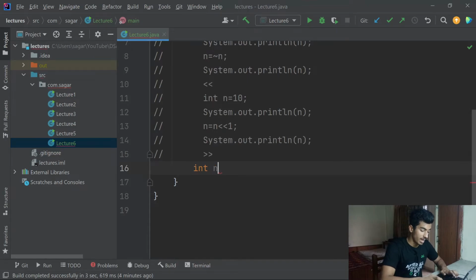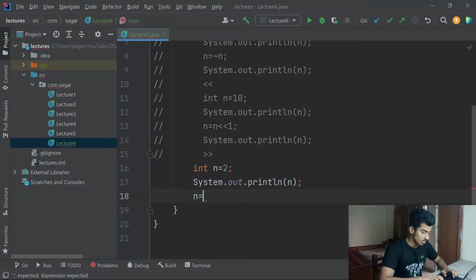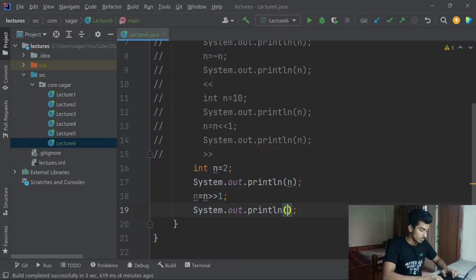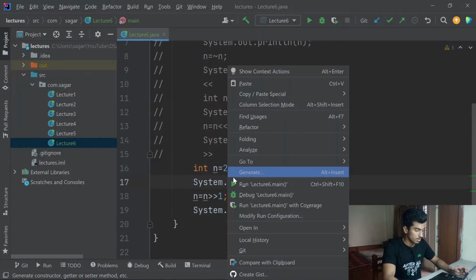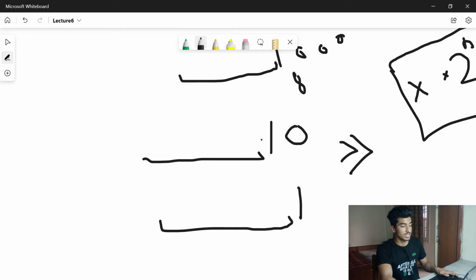If I have a number n equals 2, then I can first print it out and then n equals n right shift 1 time. As you can see, first our number was 2, and after right shifting all the bits, it is now 1.